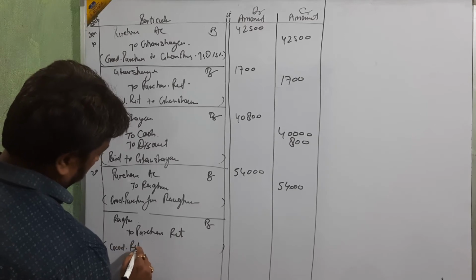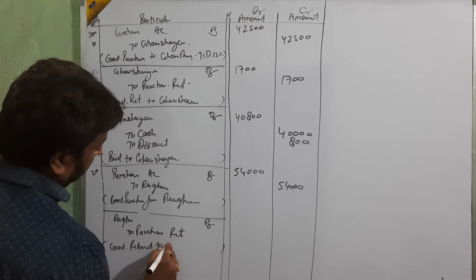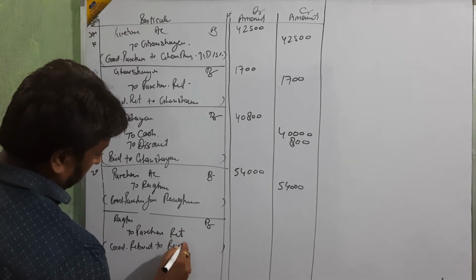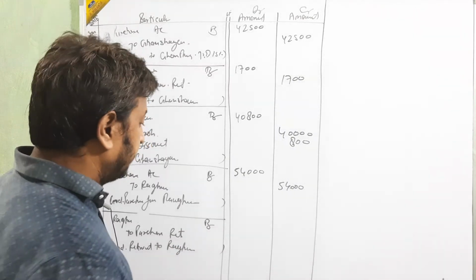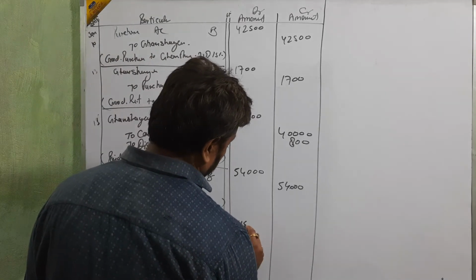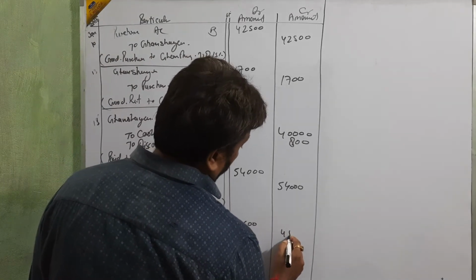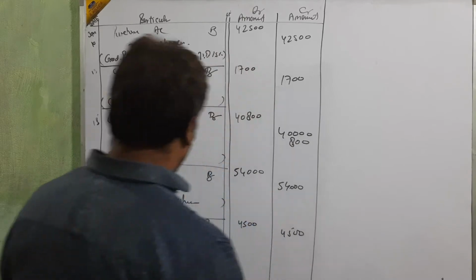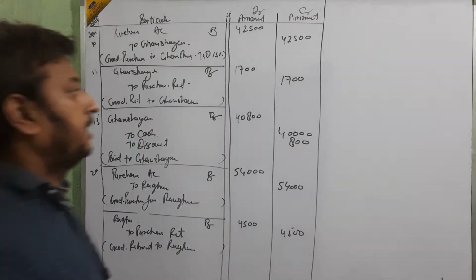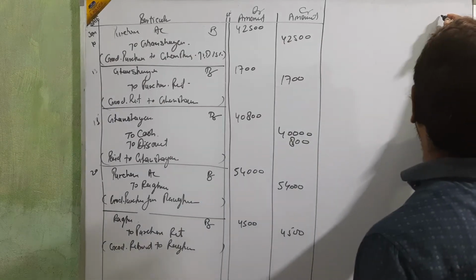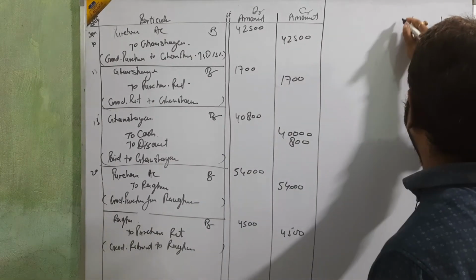Goods returned to Raghu 5,000, 10% discount, it means 4,500. Okay? Then one more entry is left.